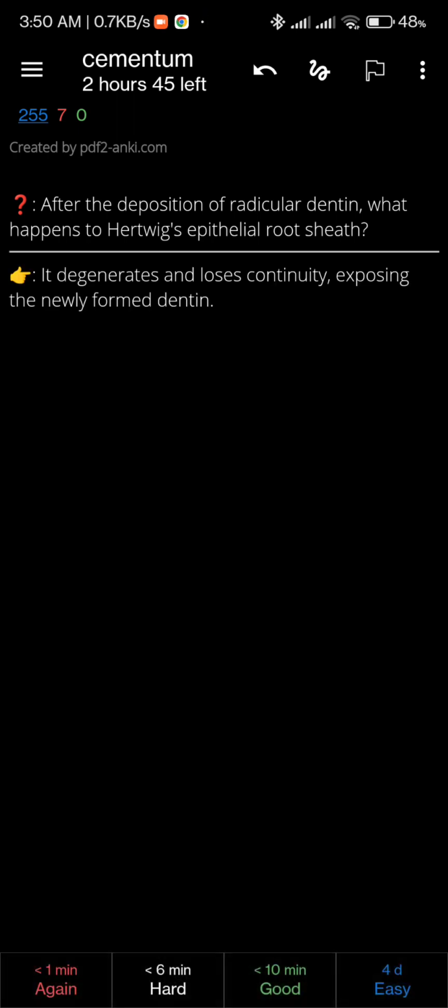After deposition of radicular dentin, Hertwig's epithelial root sheath degenerates and loses its continuity, exposing the newly formed dentin.